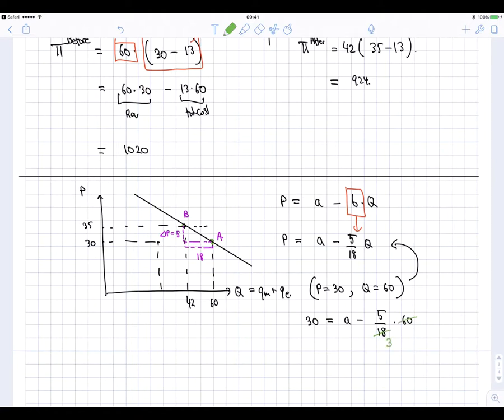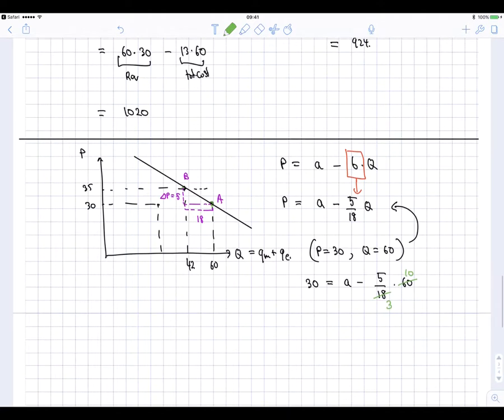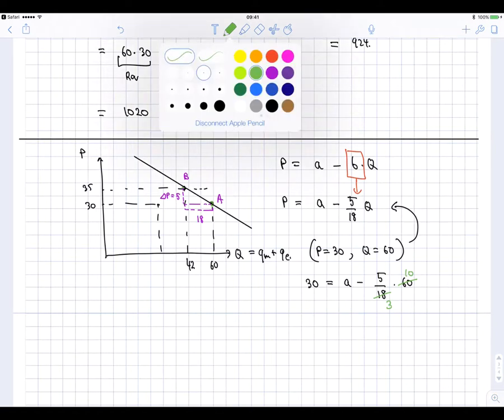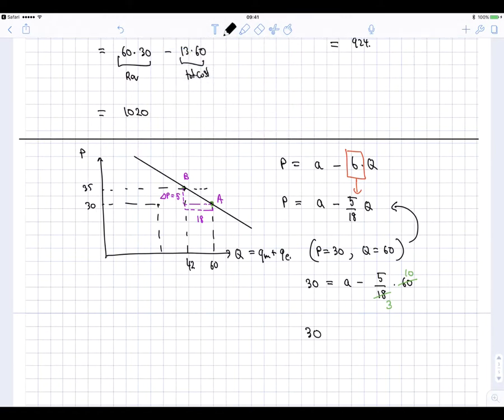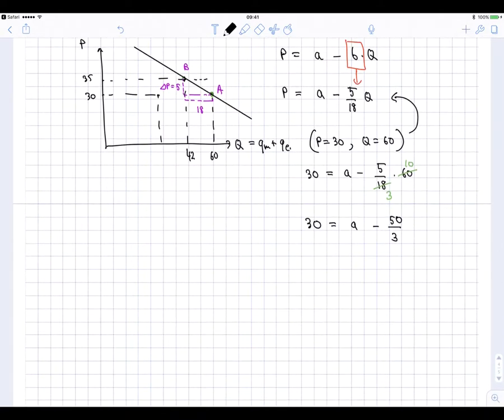This becomes a 3, this becomes a 10. So then I have 30 is equal to A minus 50 over 3. A will equal 30 plus 50 over 3.